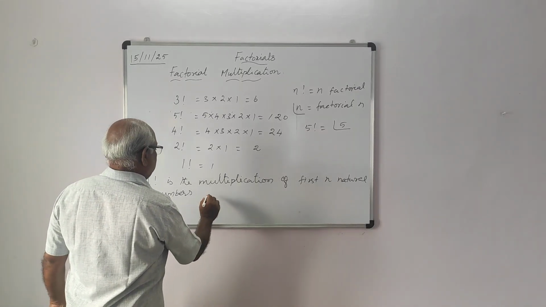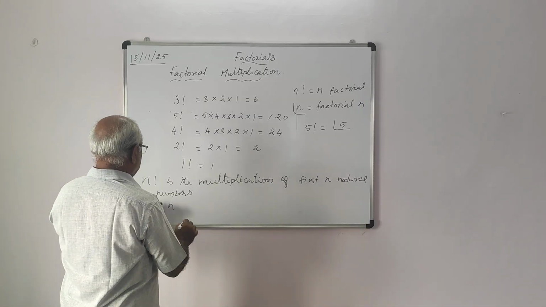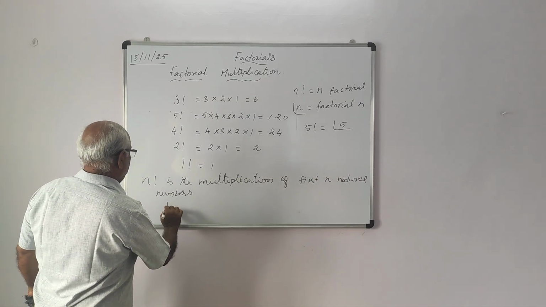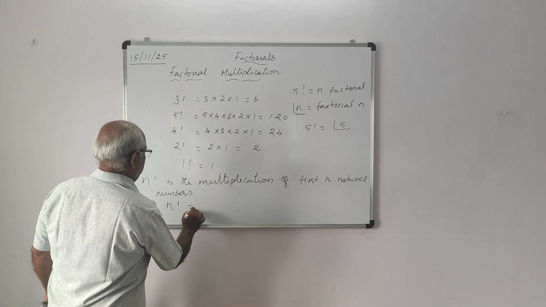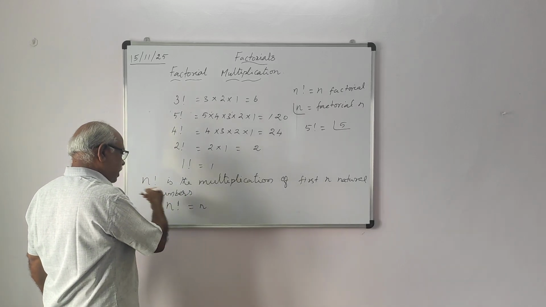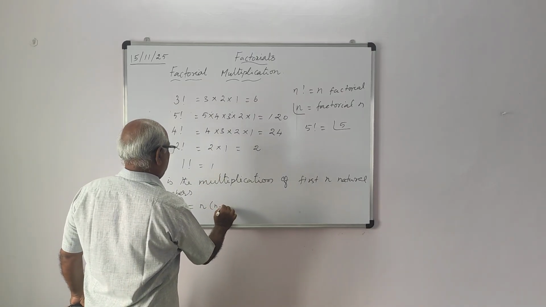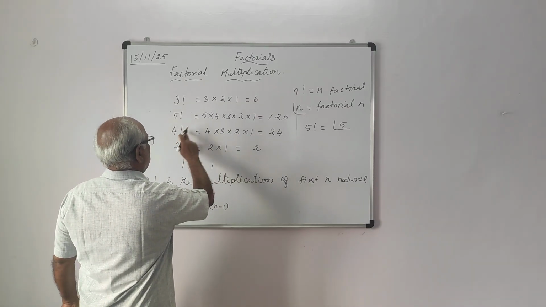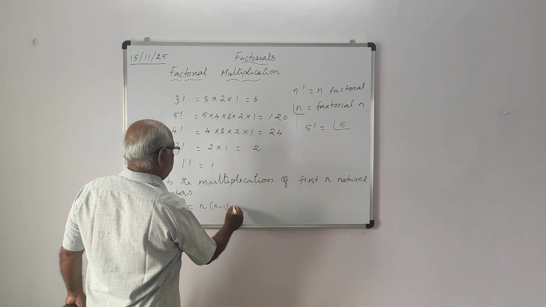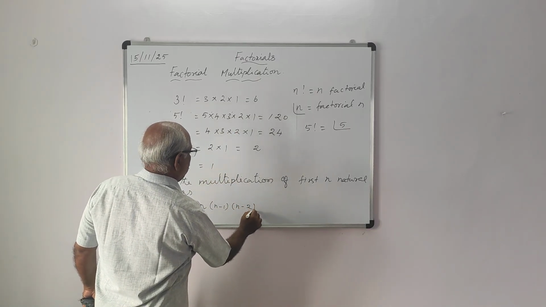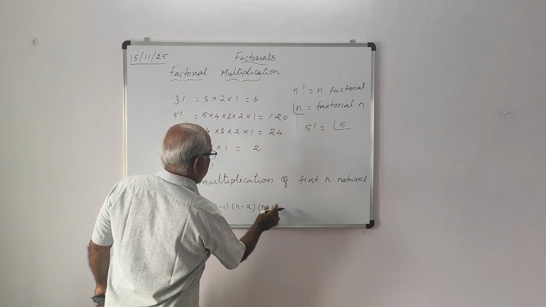That means n factorial is nothing but starting with n, and for the next number you subtract 1: n minus 1, n minus 2, n minus 3, and so on.